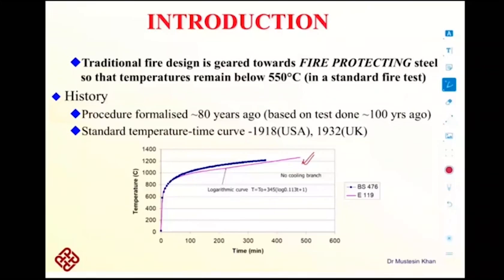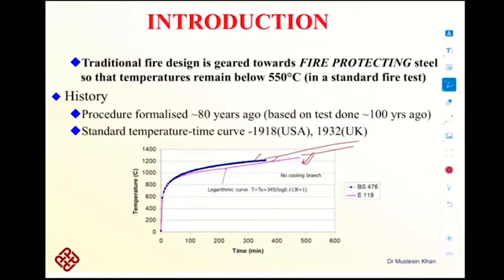The time is increasing, the temperature is also increasing, and we call it a standard time temperature curve, which was developed by researchers in the USA and UK around 100 years ago, and they both give the same kind of output. They both are giving a similar nature of time temperature curve. The disadvantage with this fire scenario which we apply to design our structure is that it keeps on increasing. If you increase the time, it will keep on increasing.